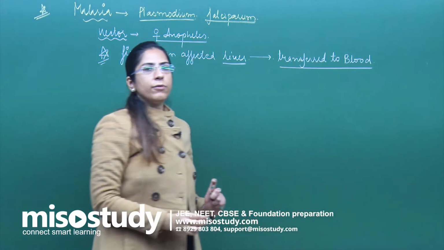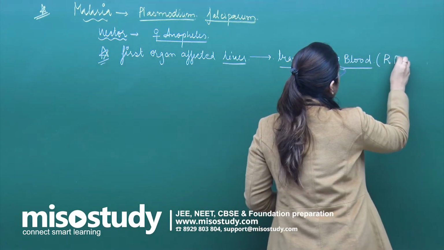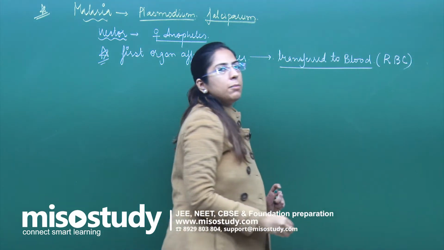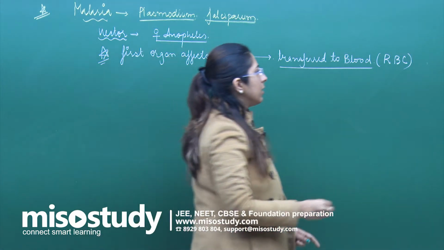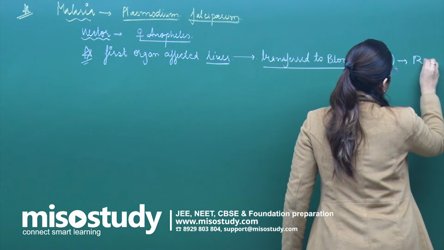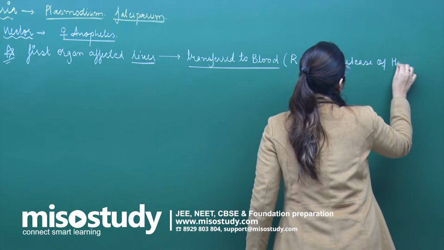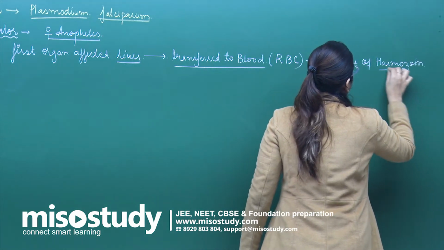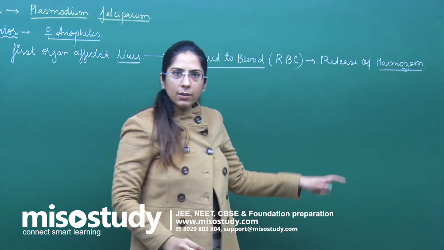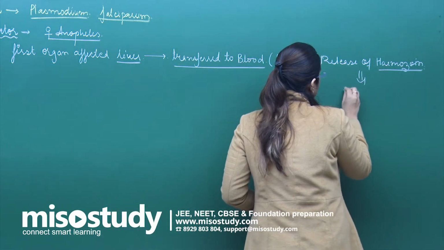In blood, it causes destruction of red blood cells. So, when infection occurs in RBC, there is a release of hemozoin. Because of release of hemozoin only, we feel fever and chill.